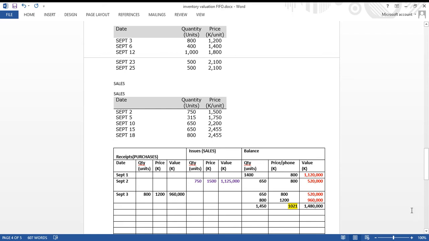Okay, we got our next transaction. September 5th, we sold 315 units at 1,750.